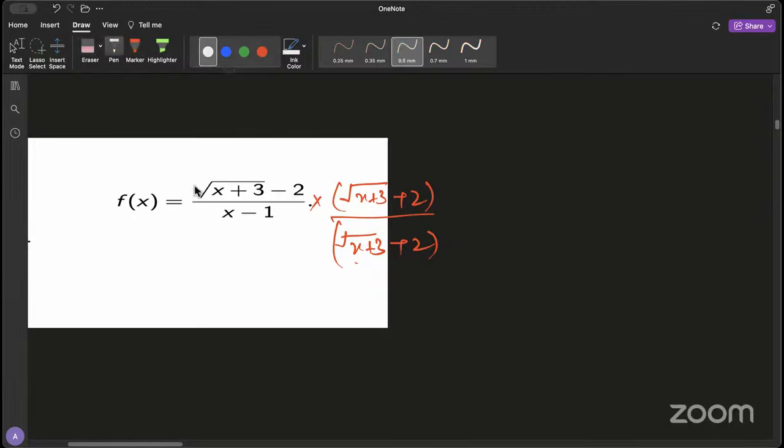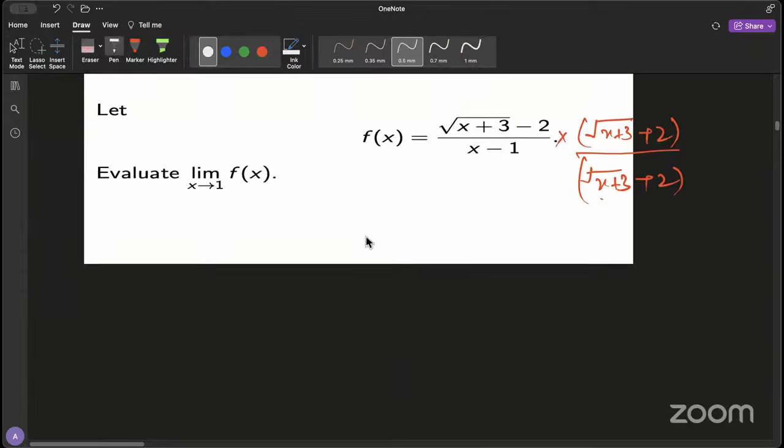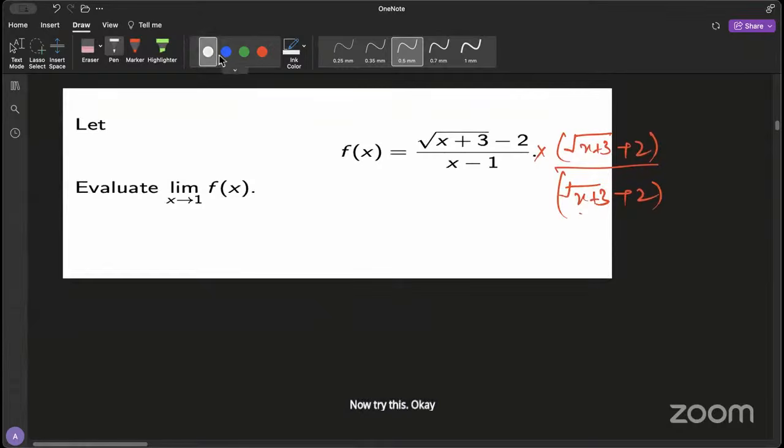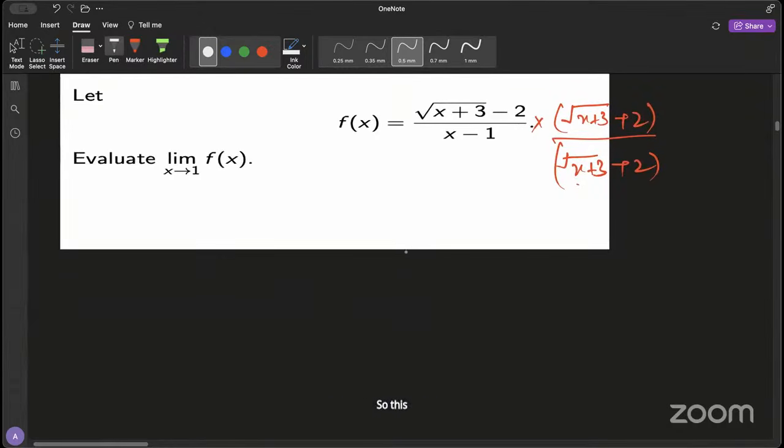Now try this. Okay, let's do this one here. If I multiply this with this, I'll have x. Here you can use the formula. This is of the form a minus b, and this is of the form a plus b.